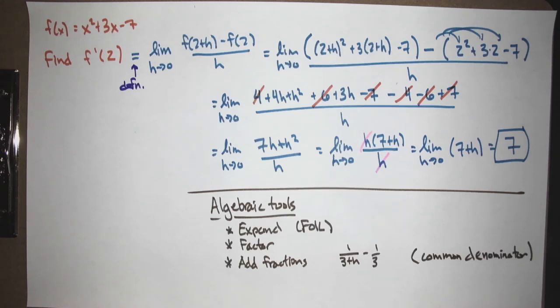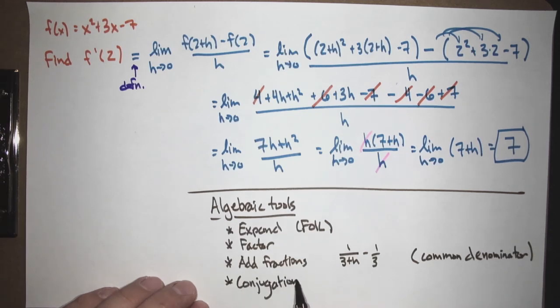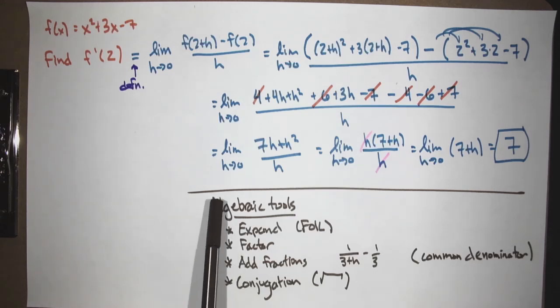There's one other thing that will come up, which is conjugation. Do you remember when we use conjugation? Yeah. So if you see a square root, you're like, oh, I'm going to be doing conjugation. And pretty much that's it. These are the kind of algebraic tools.